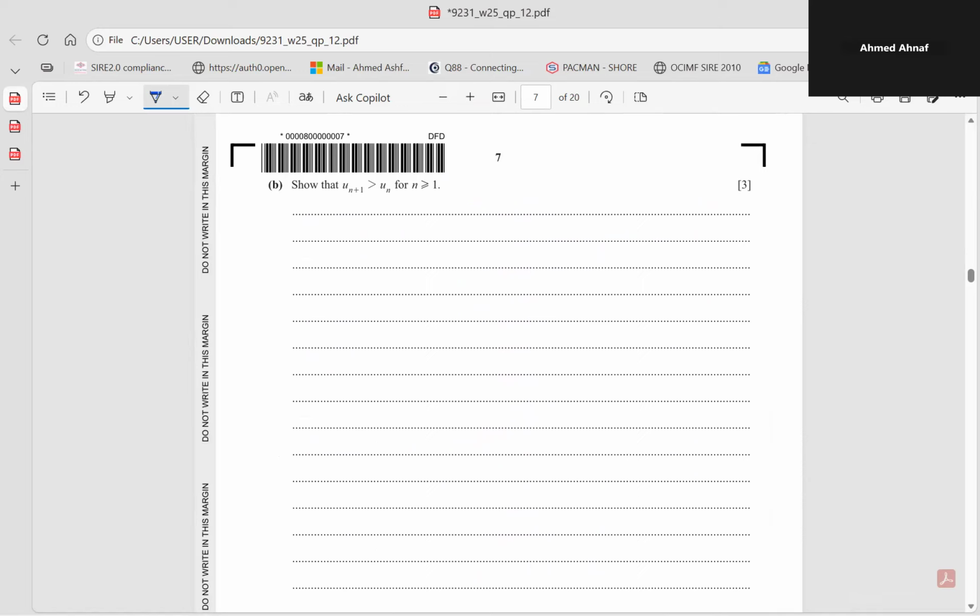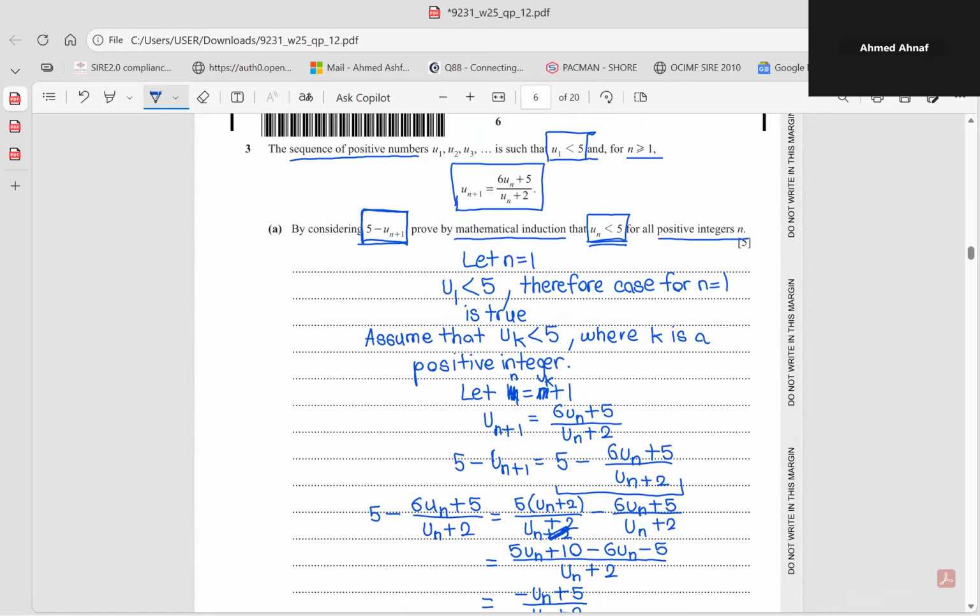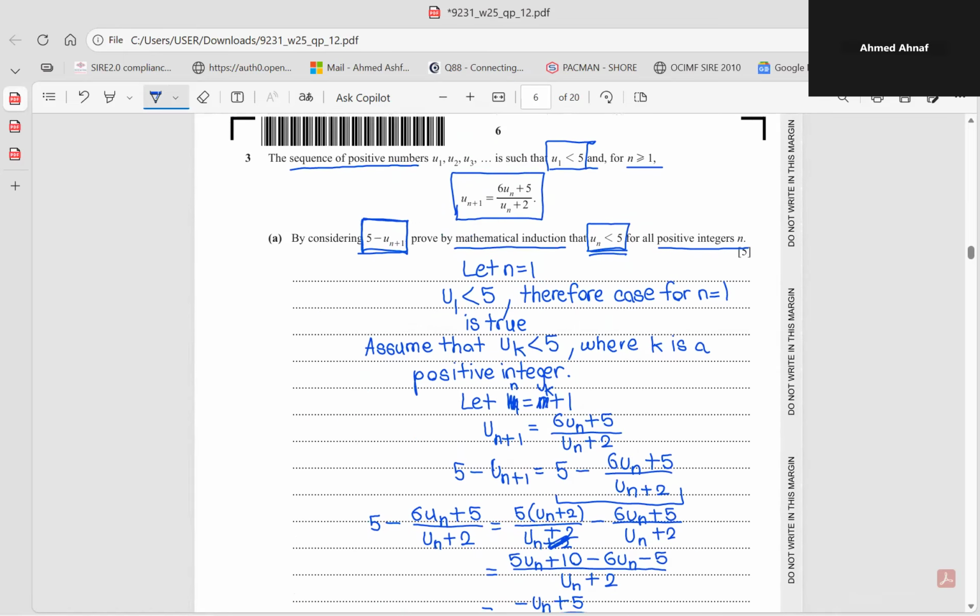For this part, we need to show that this statement is true for n more than or equal to 1. To do this, let's express un plus 1 in terms of un. We're given this, right?